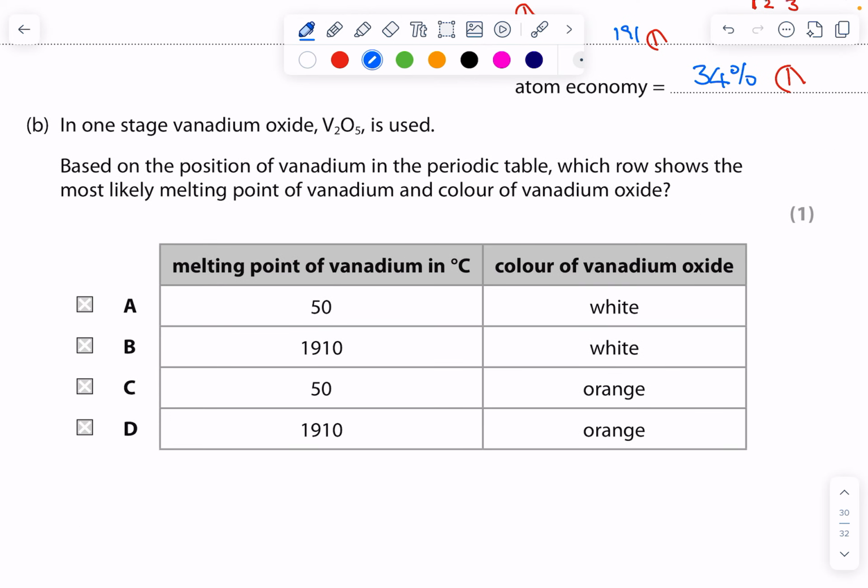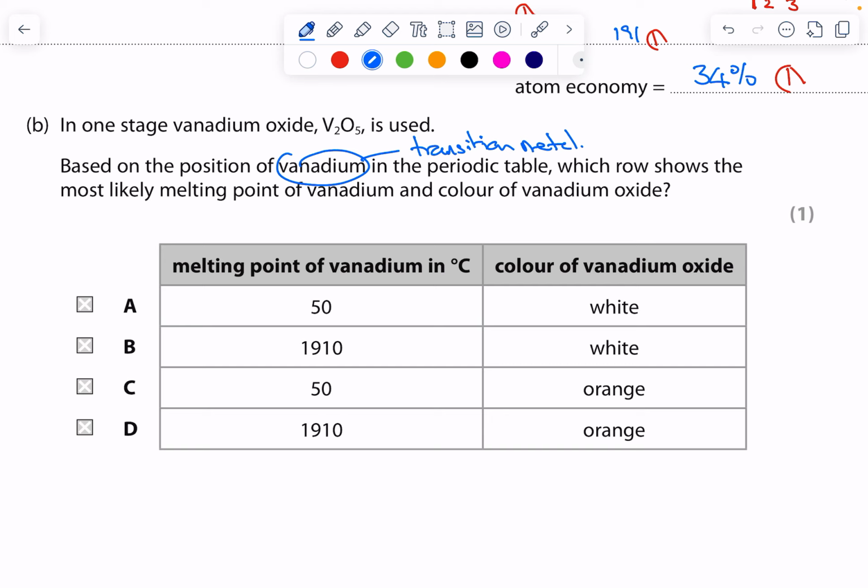Okay, based on the position of vanadium, which row shows the most likely colour? What we need to remember here is this is in the central part of the periodic table. That means it is a transition metal. Transition metals have high melting points, and they are also coloured compounds. There's my core knowledge.